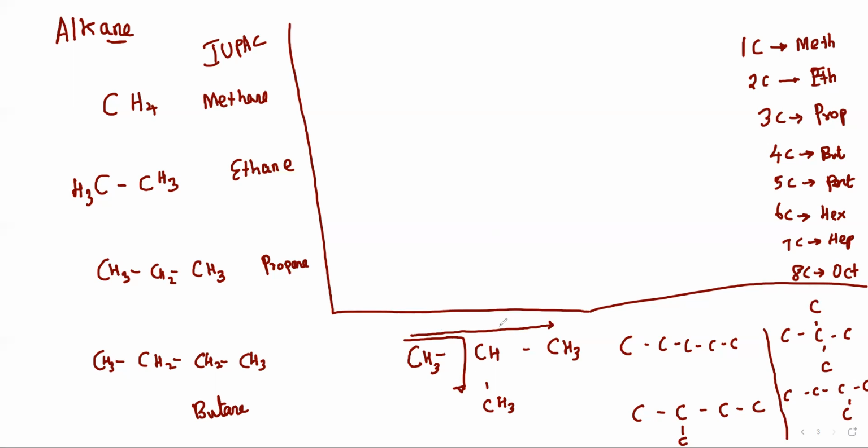So 3 carbons, maybe like this or maybe like this. Both are correct. 3 carbons are in the straight chain and 1 carbon is in the branch. Am I correct? Yes. So 3 carbons with completely single bonds, so you should end the name with propane.